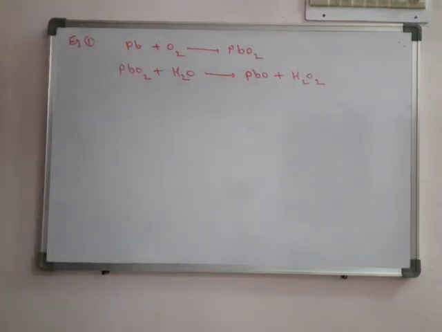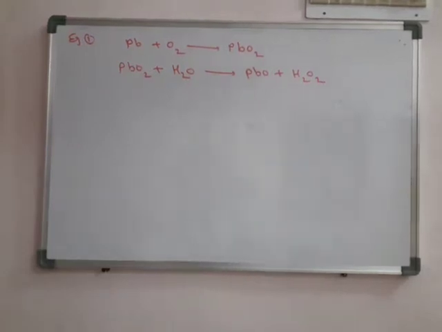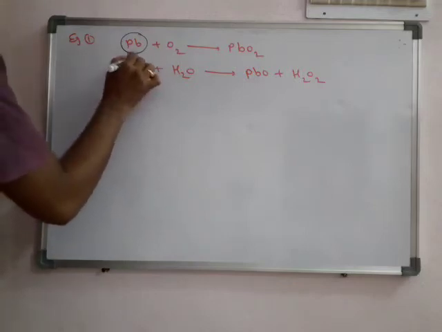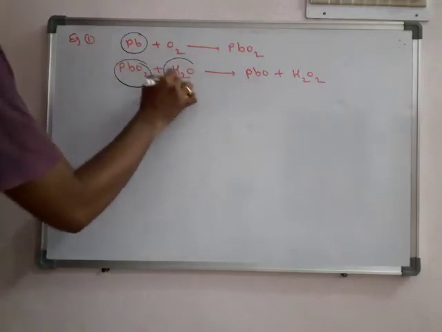So already we discussed this example. This is the initiator, that is called activator. This is auto-oxidator. This is acceptor.